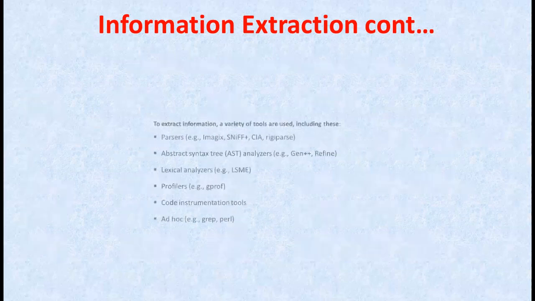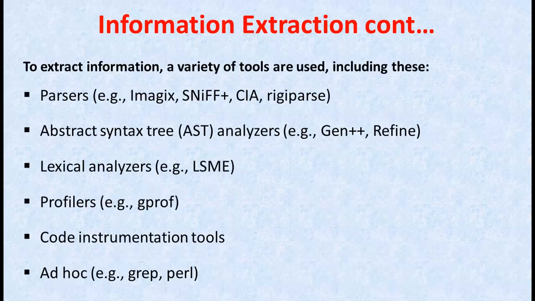Now, to extract the information, a variety of tools are used, which include parsers, AST analyzers, lexical analyzers, profilers, code instrumentation tools, ad hoc tools, and so on. The parsers analyze the code and generate an internal representation from it for the purpose of generating machine code.